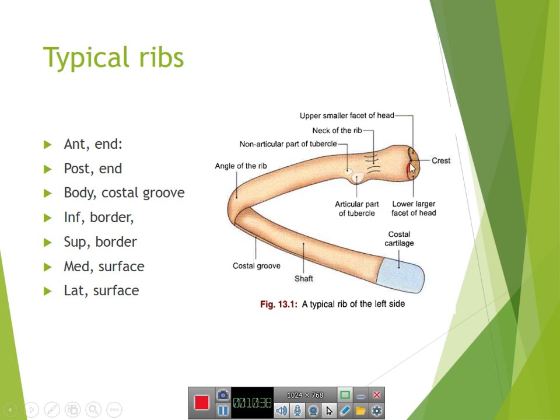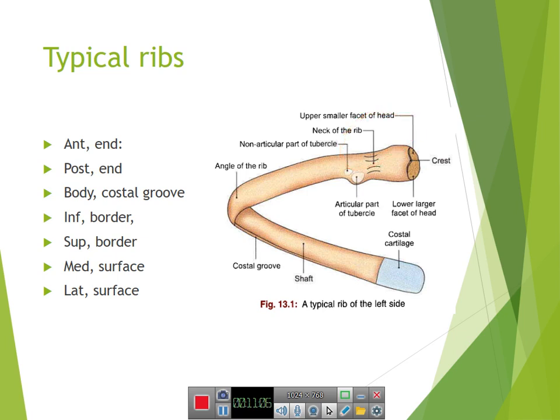The lower, larger facet articulates with the body of the numerically corresponding vertebra, while the upper, smaller facet articulates with the next higher vertebra. That is very important to remember and keep in mind that the head of a typical rib articulates with two vertebrae, upper and lower one.